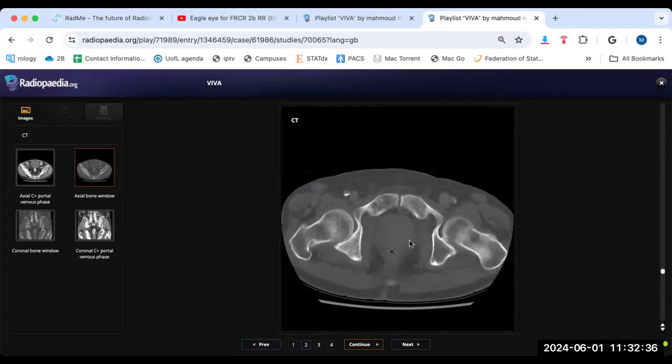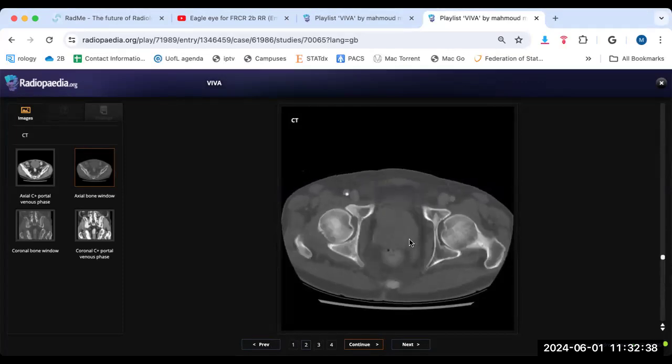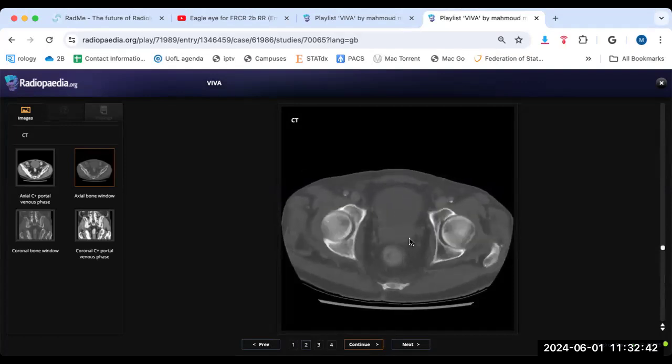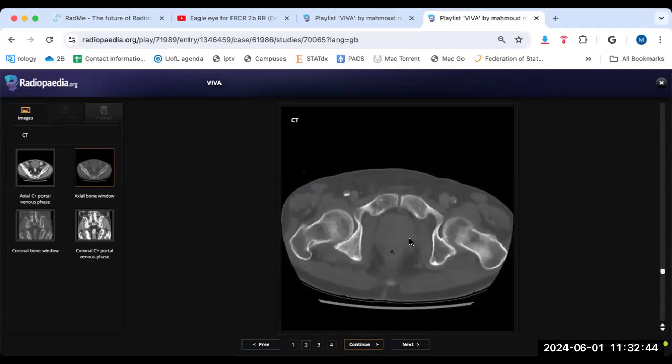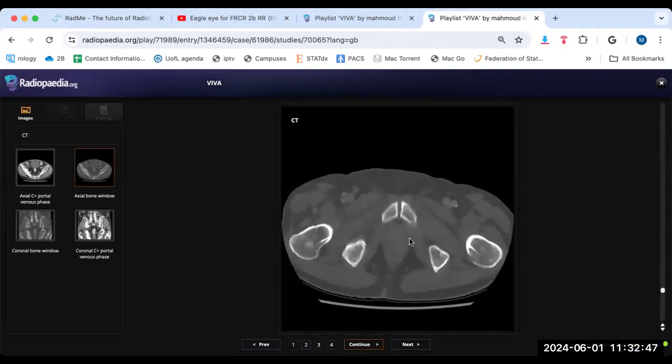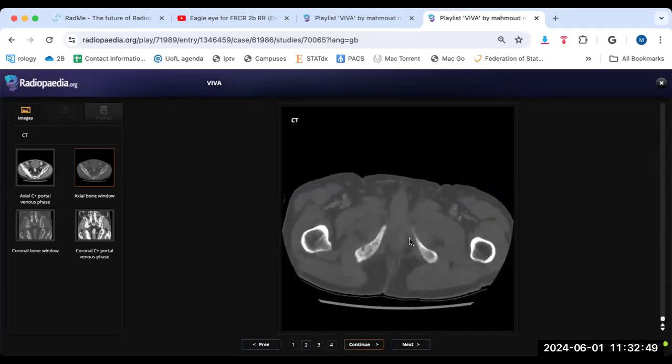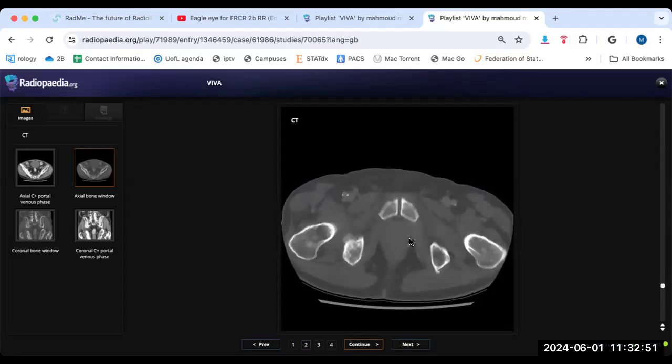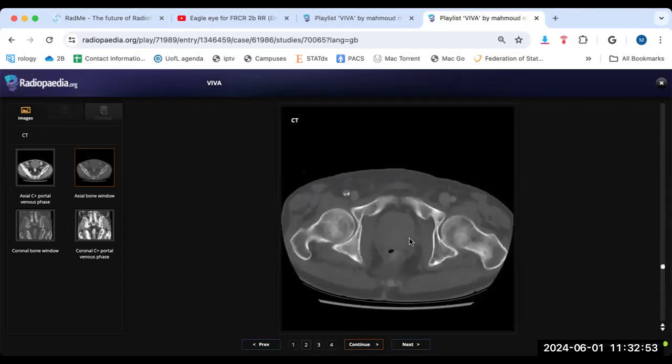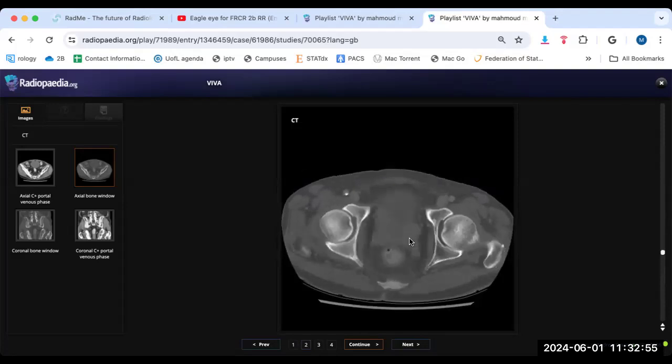However, I don't see enlargement of the bone in this case. Could it be Paget? It could be. However, I don't see cortical thickening or coarse trabeculae. So you don't see the signs of Paget. How could it be Paget?